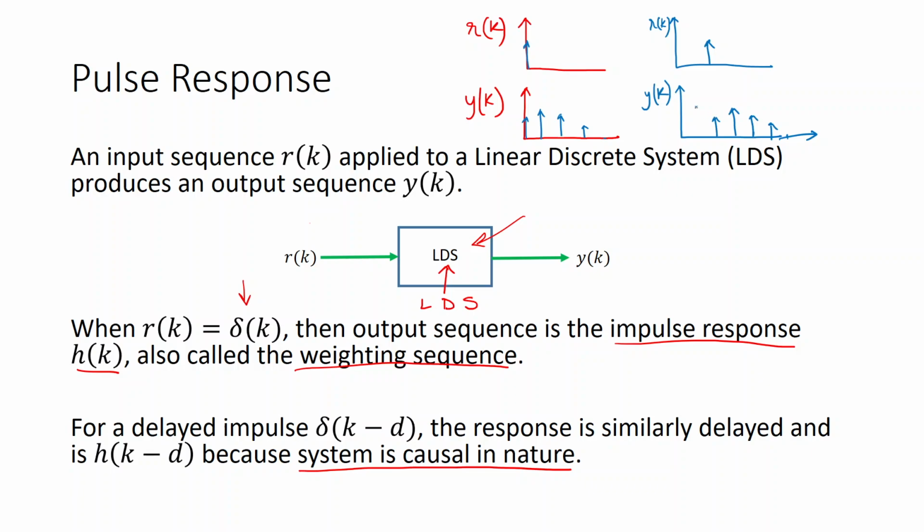So this is the causality property. That means the system cannot anticipate what particular input signal is coming to the system. Only after the application of the input signal will the system get excited and give a response.